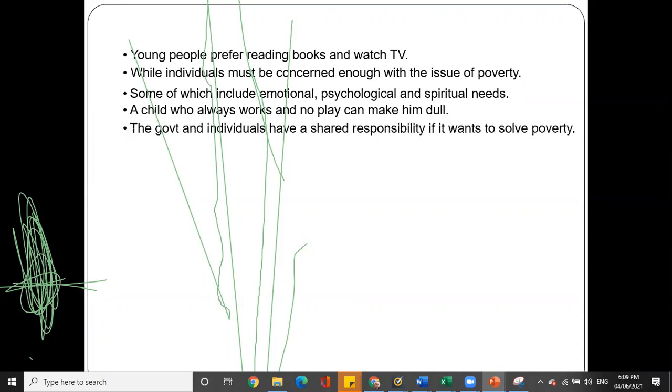There. The government and individuals have a shared responsibility if it wants to solve poverty. What do you think is wrong with that, guys? Is there something to be corrected? The word it should be they. They want to solve the problem. Okay.